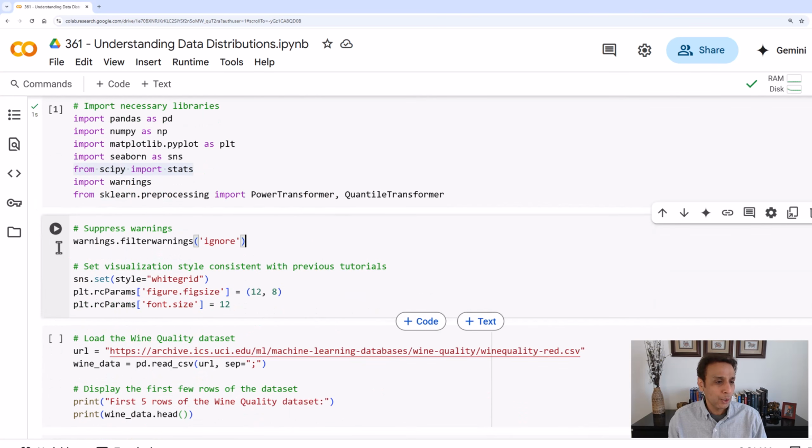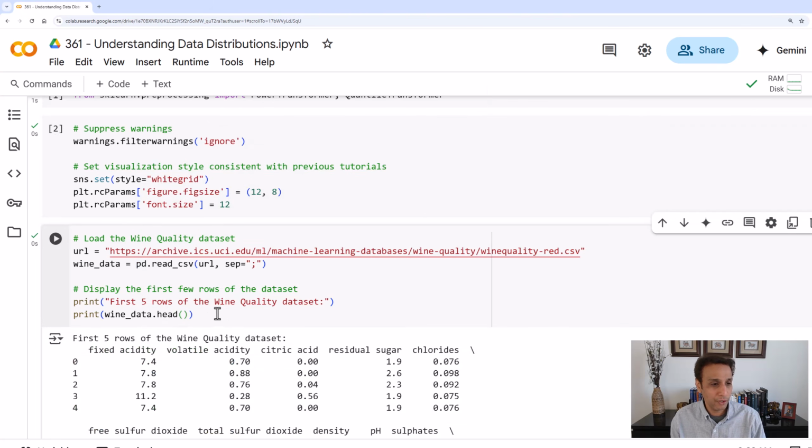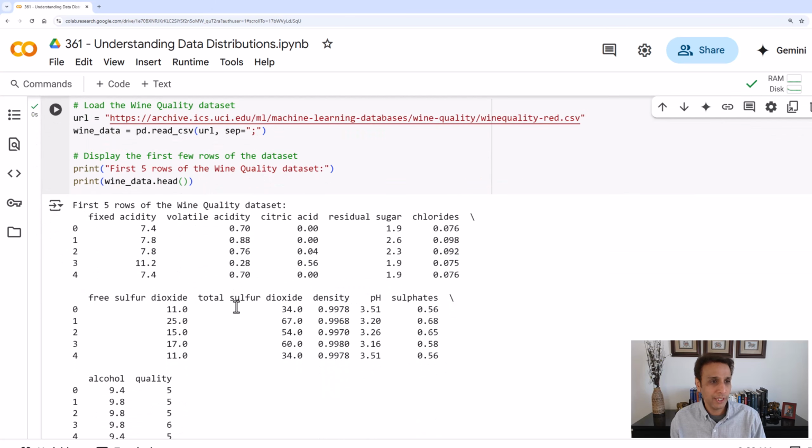Okay, so let me suppress certain warnings and also set the style for our seaborn plotting. The data can be downloaded directly from here, and it's a CSV, so we are reading it directly using pandas read_csv, and let's print out the first 5 rows of this data.